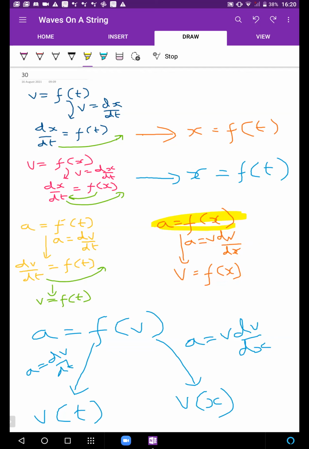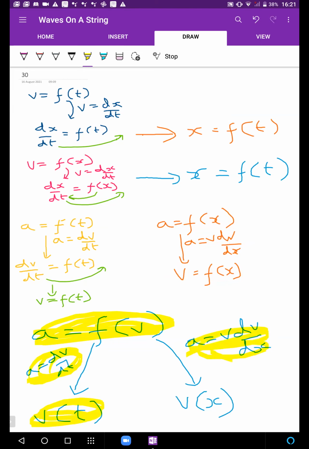On the other hand, when you have acceleration as a function of velocity, then you have two choices. You could use dv by dt as a, so that gives you a differential equation in velocity and time, from which velocity as a function of time comes out, or you could use a is v dv by dx, from which velocity as a function of x comes out.